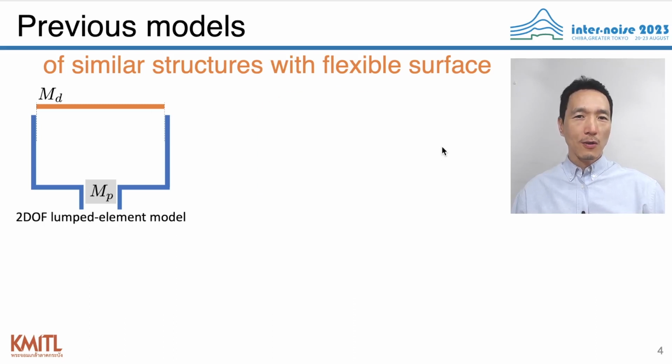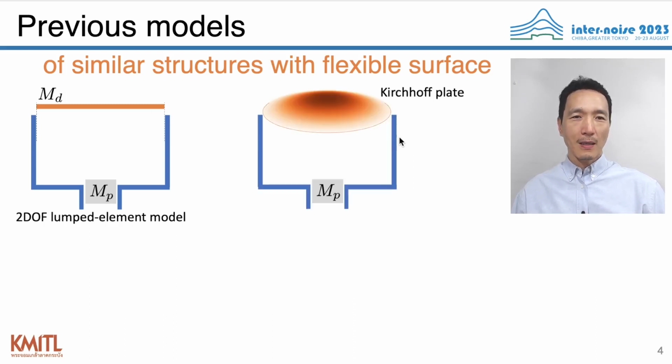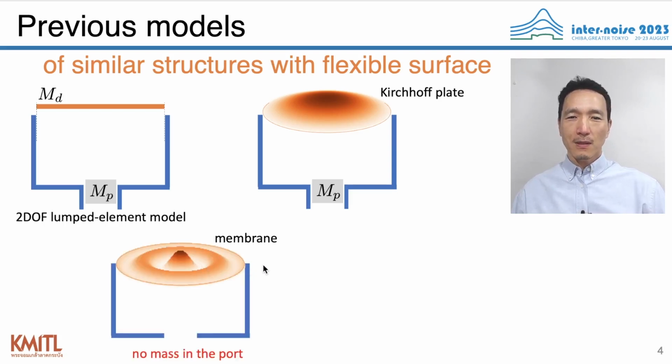In a more sophisticated model, a thin plate was considered for the flexible surface, which must satisfy the Kirchhoff-Love plate equation. In another category of models, the flexible surface was considered to behave as a fully flexural circular membrane, but with a negligible port length, which means that there is no mass in the port to interact.